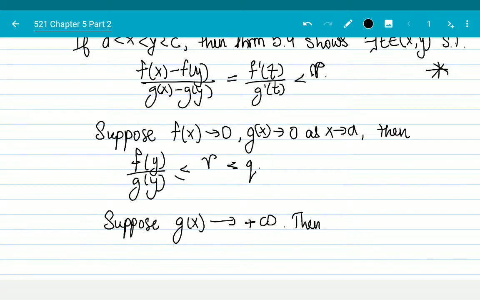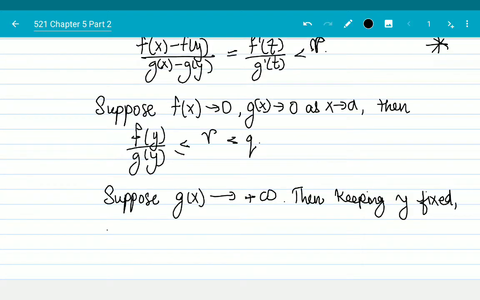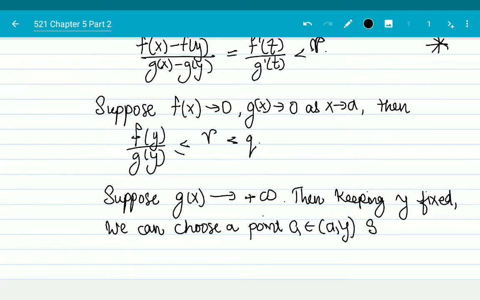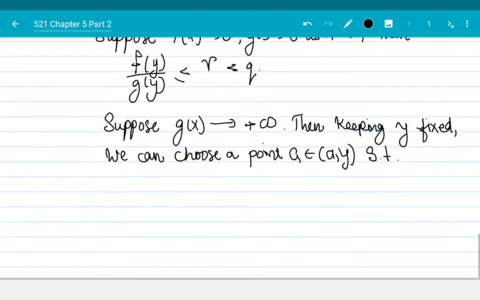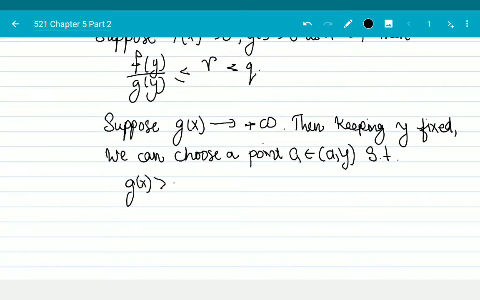Then, keeping y fixed, we choose a point. We can choose a point c1 belonging to (a, y) such that g of x is greater than g of y, right?